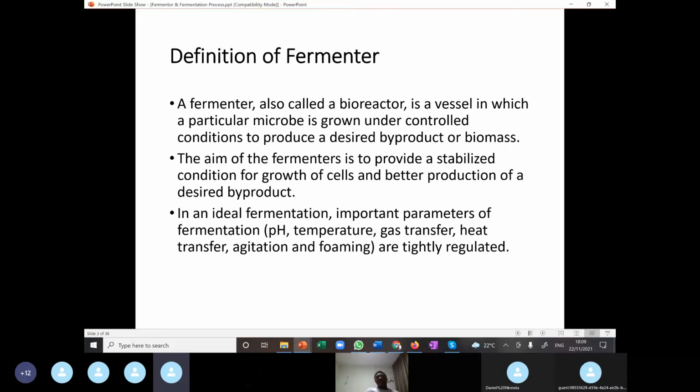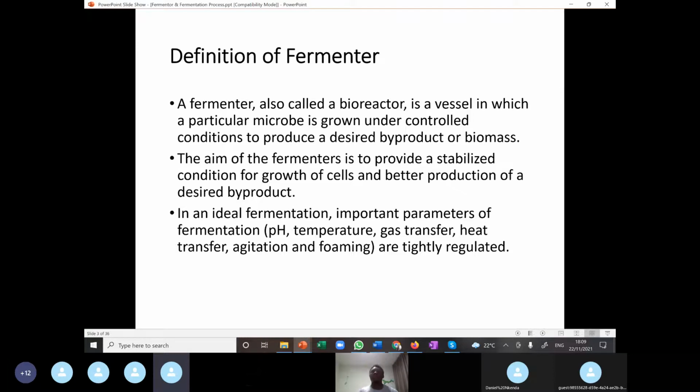It is also designed for the production of desired byproducts. So we could either be interested in microorganisms, that is biomass, or the product of the organism. It could be secondary metabolites, it could be primary metabolites. And these products could be intracellular or extracellular end products. So whatever the case, we'll be looking at it in detail shortly.